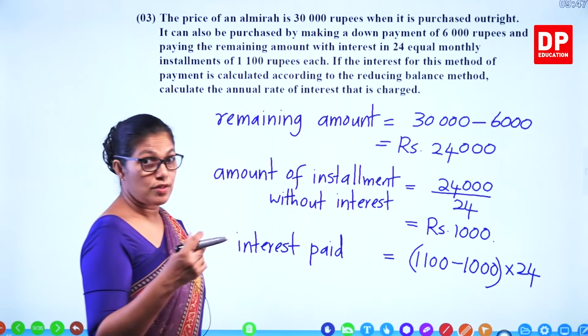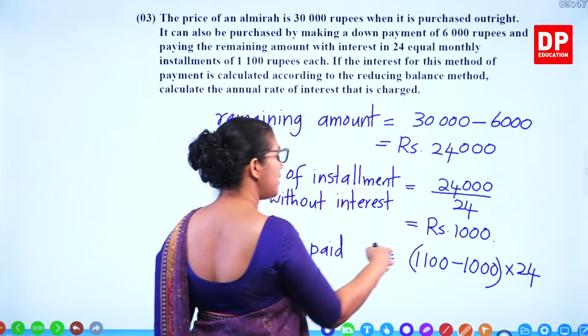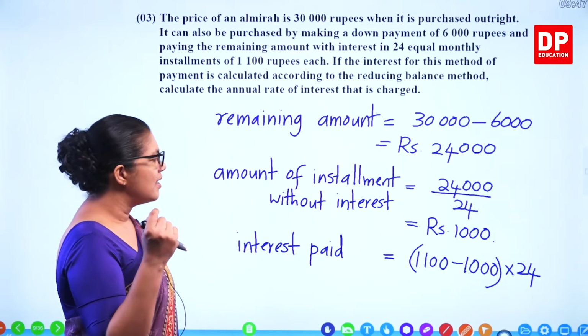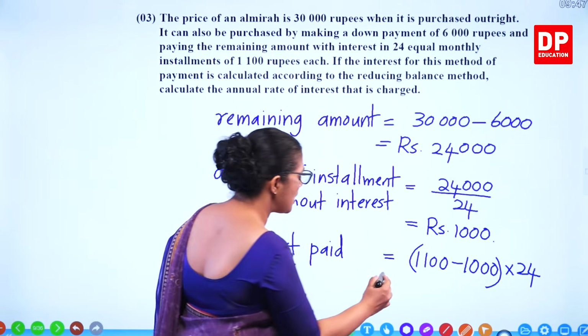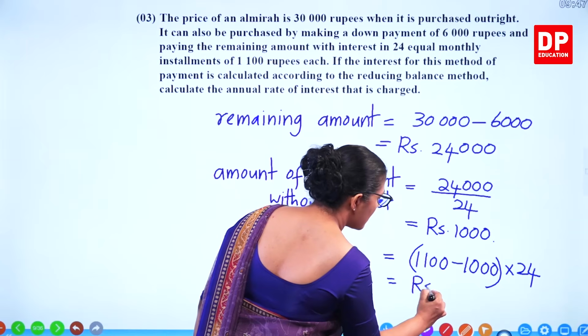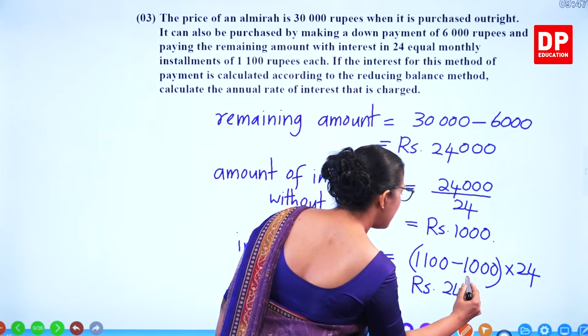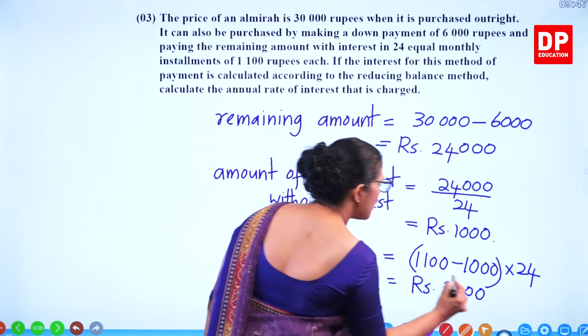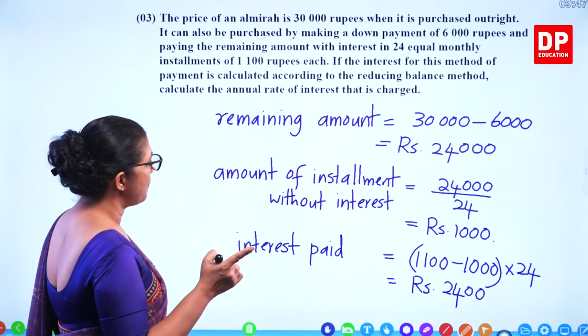Because the difference, because without interest that's 1,000. He paid 100. So 100 is the interest per month and multiply by 24, you get 2,400. And here this is 2 zeros. 2,400 rupees is the interest paid.